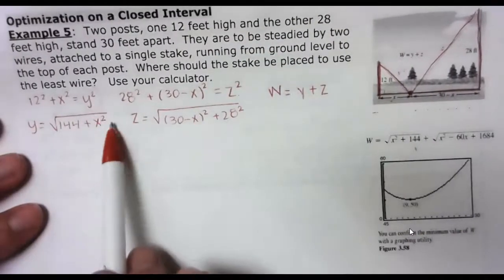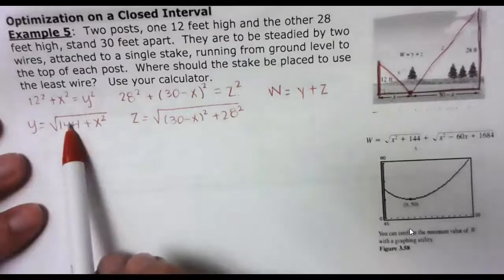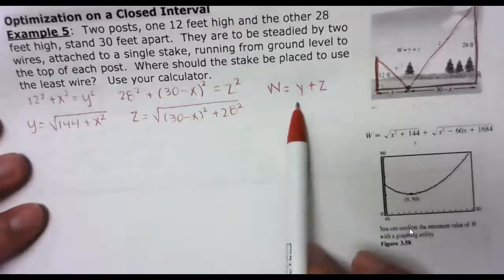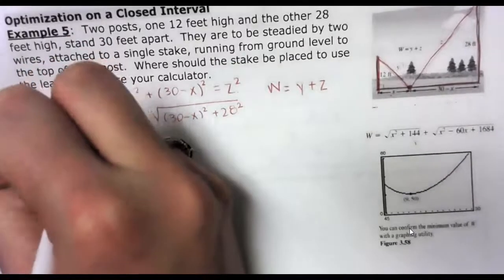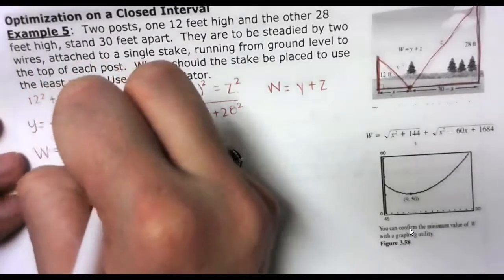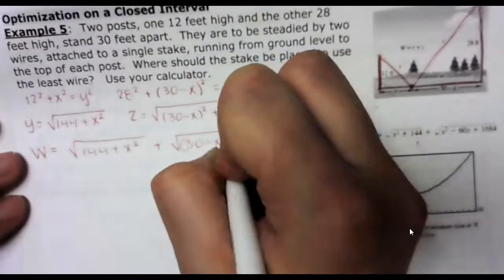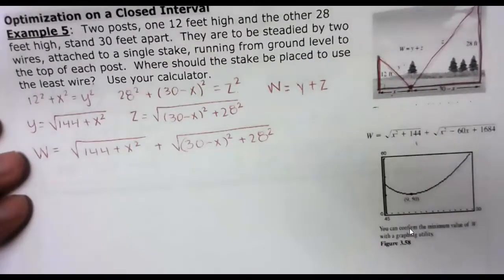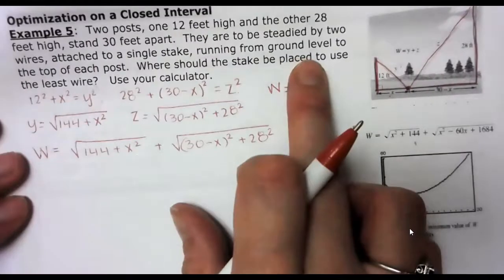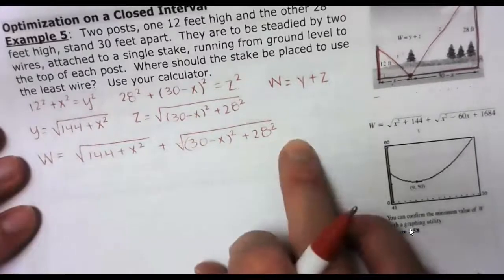That's now in terms of X. This is now in terms of X. So we could rewrite W so that if we substitute in Y and we substitute in Z, it is all in terms of X. And since our goal is to minimize that wire, we're going to find the derivative or minimization of this equation.